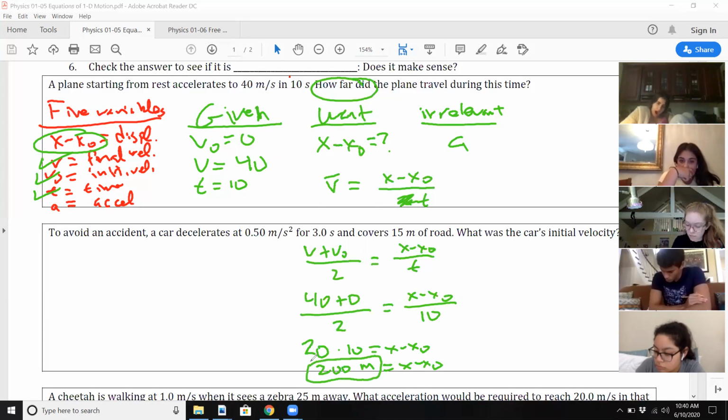So again, I actually had to use the second equation as well, but it's easy because my average velocity is just 40 plus 0 divided by 2.